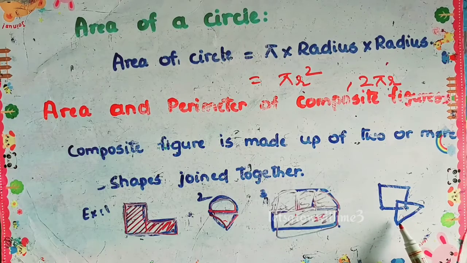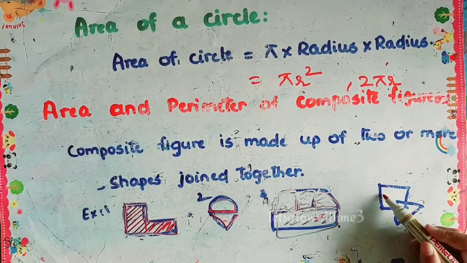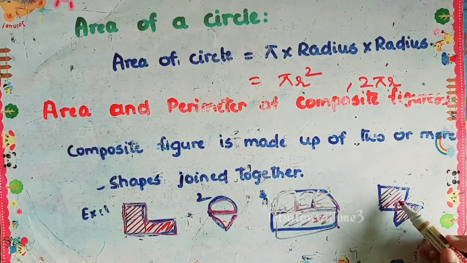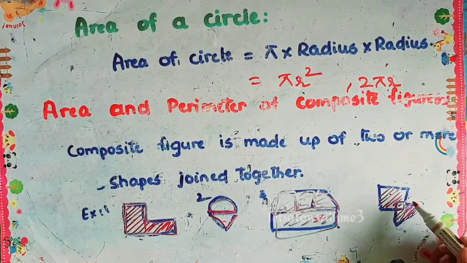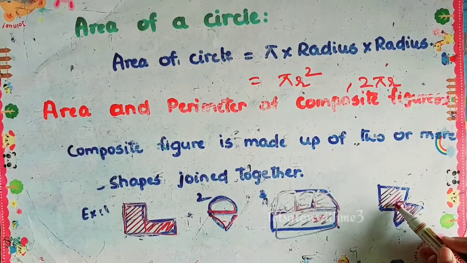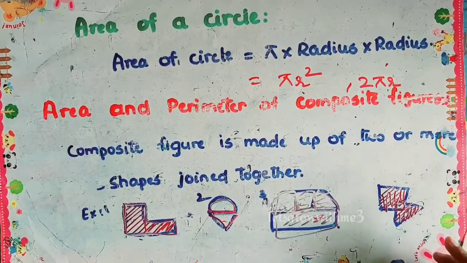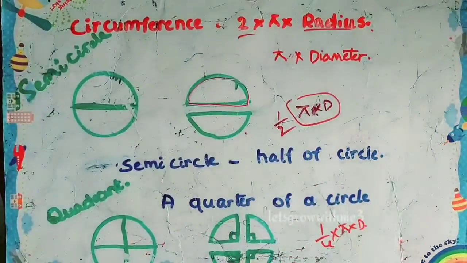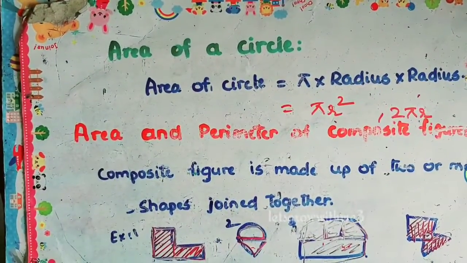We need to find the area of the rectangle and the area of the triangle, and add those values. From that value we need to subtract the overlapping area, because we have added that area in the area of the rectangle as well as the area of the triangle. That's how we calculate the area and circumference of different shapes or composite figures.